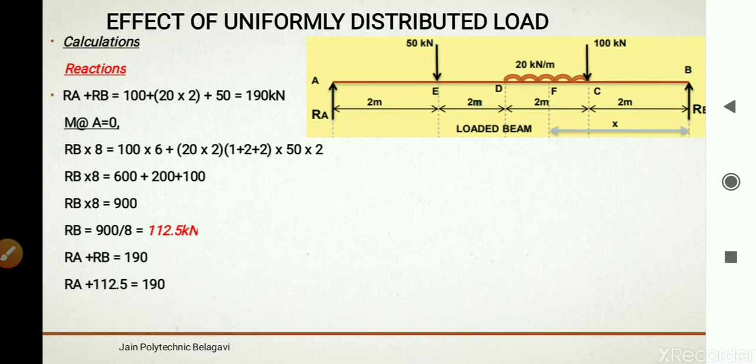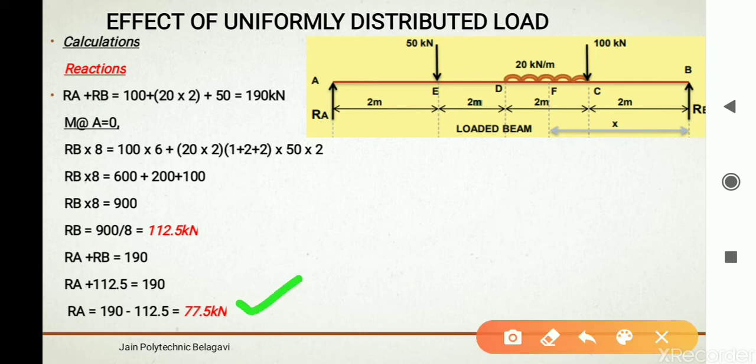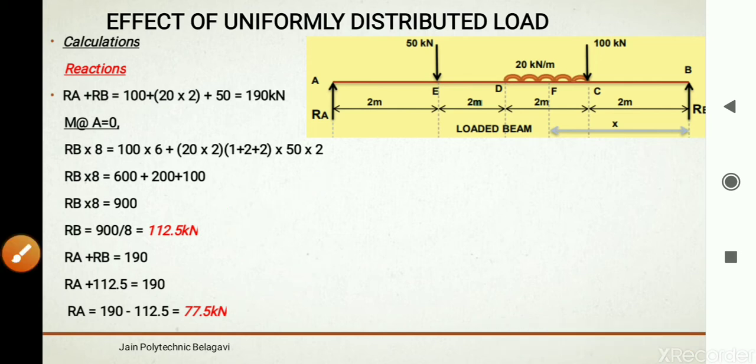Take 112.5 on the right hand side, you will get RA is equal to 77.5 kilonewton. It means we have calculated reaction A is 77.5 and reaction B is 112.5.